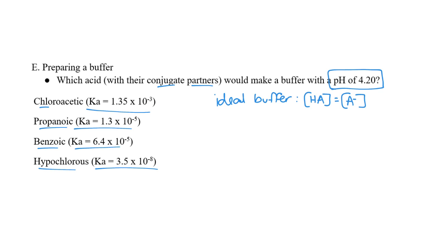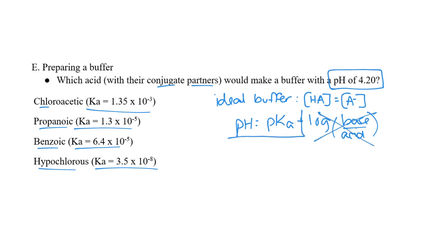So if I look at my buffer equation, pH equals pKa plus the log of base over acid, and if my base and acid have the same concentration, I basically get the log of 1, and the log of 1 is 0.